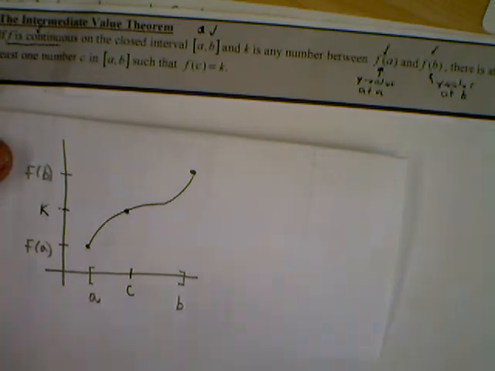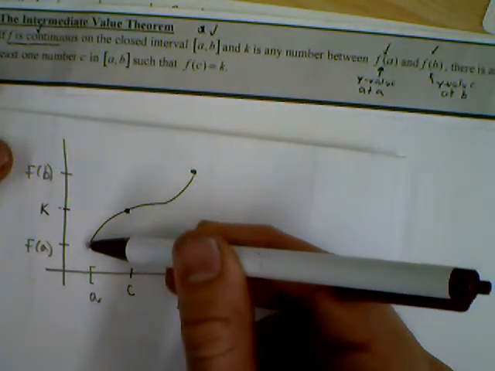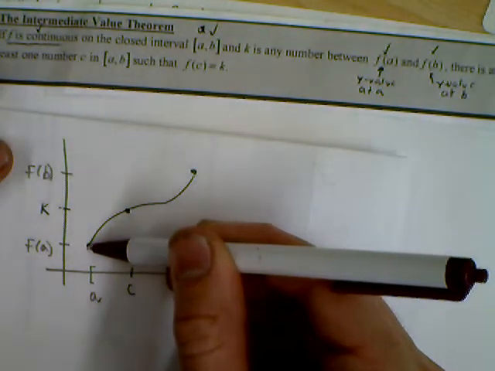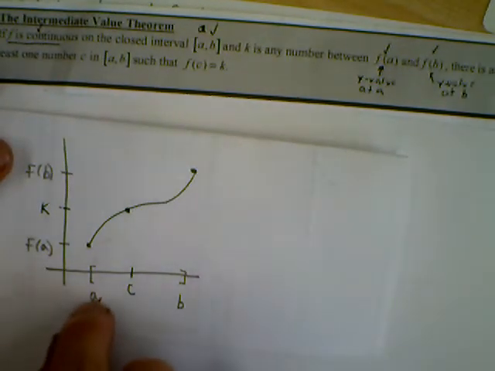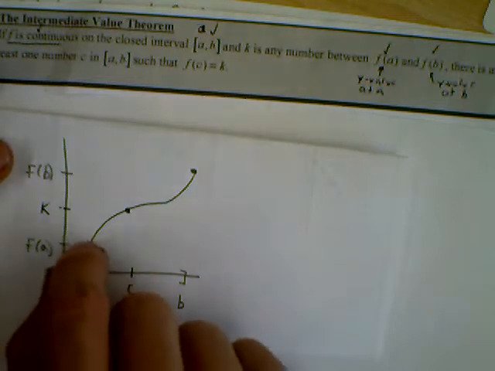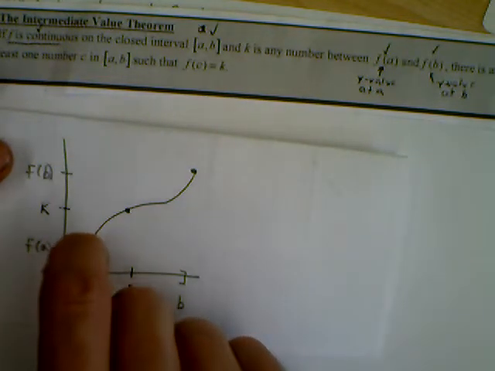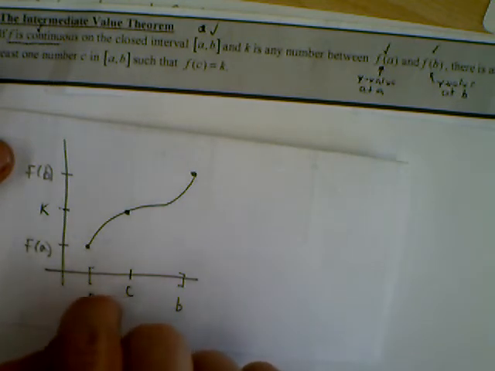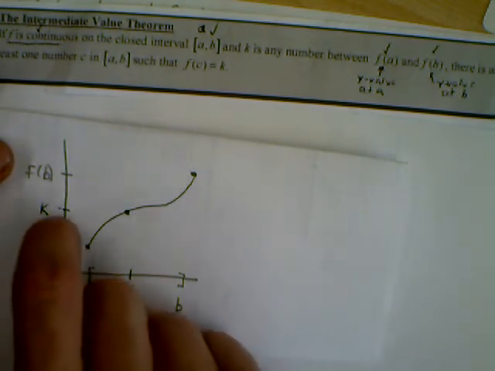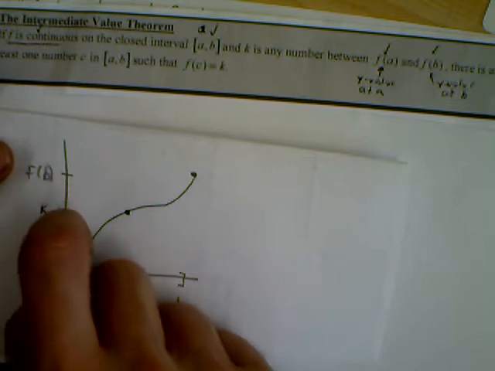So if I have a continuous function, and my y values are between this range over this interval for x, there has to be another y value in that range that you pass through.